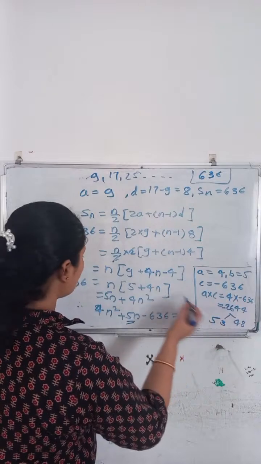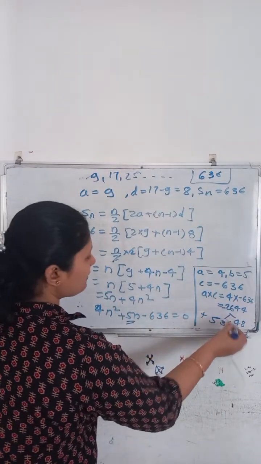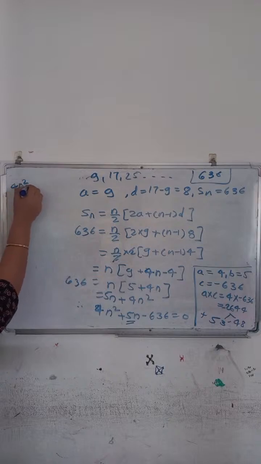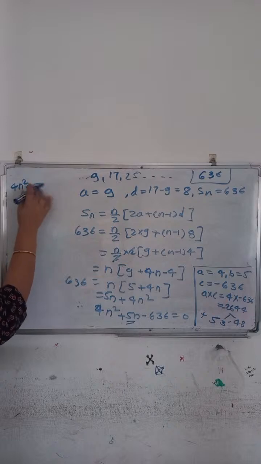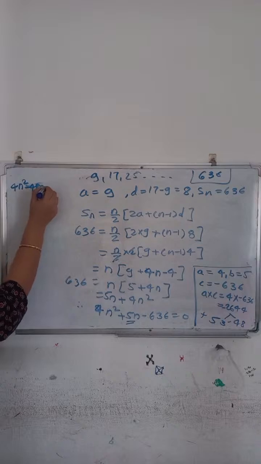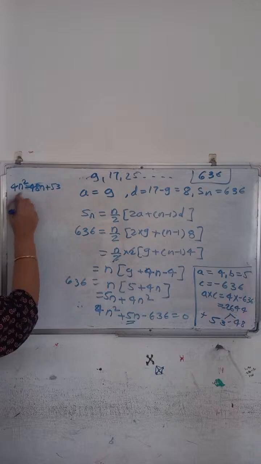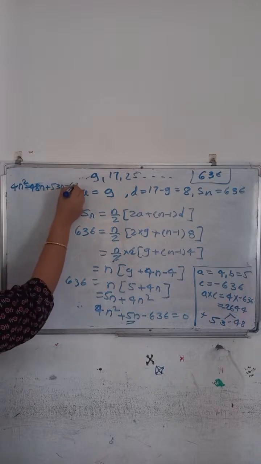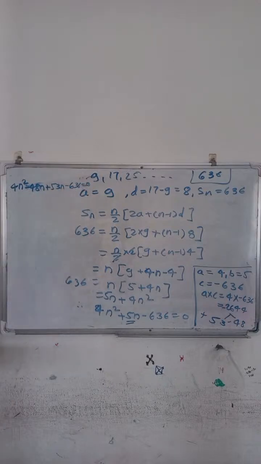So here we want the answer positive, so the bigger number I take positive, and this is negative. 53 minus 48 is nothing but 5. So here I will write minus 48n plus 53n minus 636 is equal to 0.